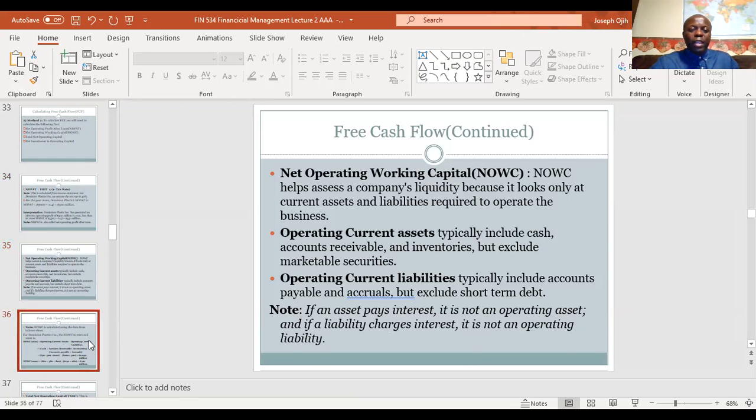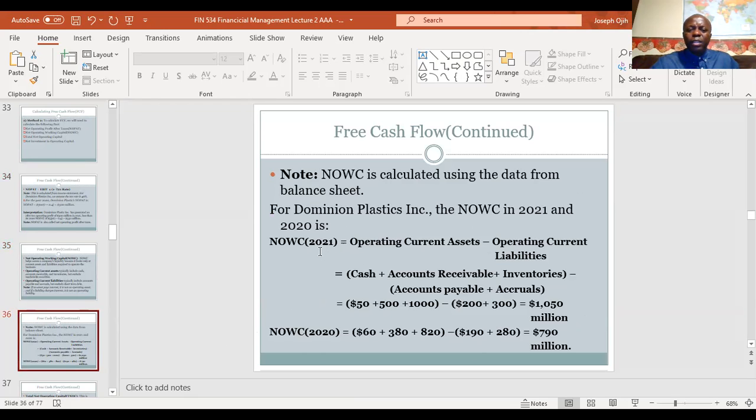So net operating working capital is operating current assets minus operating current liabilities.